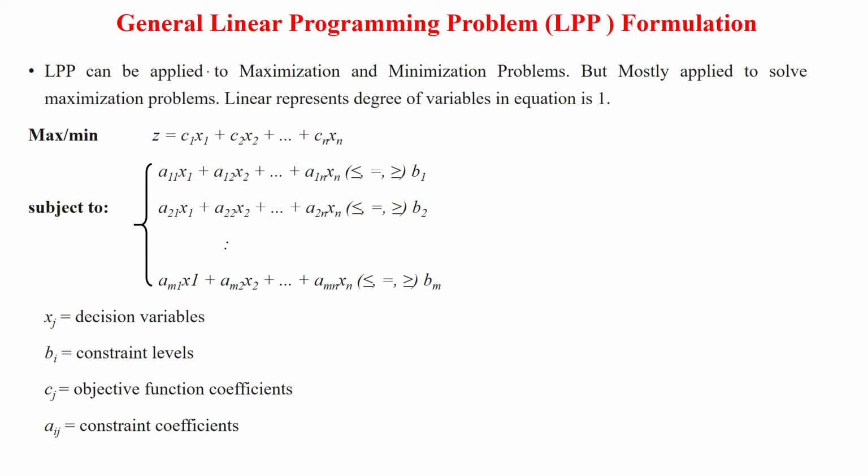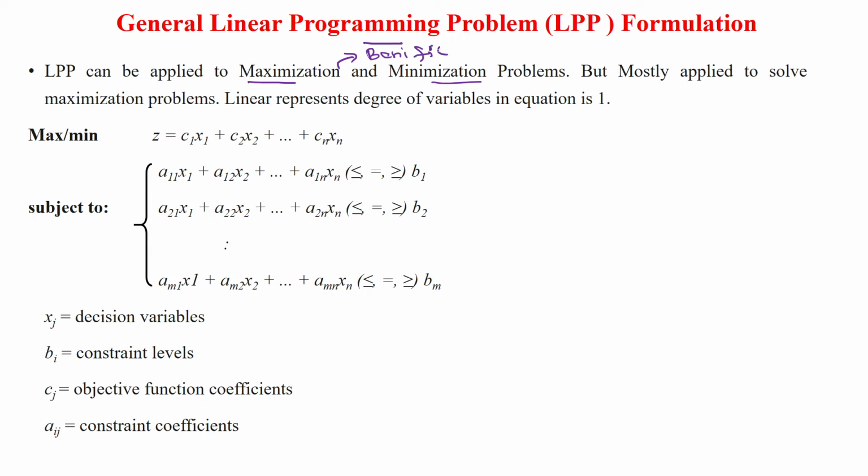Based upon that, here we are going to discuss linear programming, which is one of the iterative improvement algorithms. This can be applied to a maximization problem or a minimization problem. Maximization means the developer or the owner in a manufacturing industry wants to maximize his benefits, in the sense profit.